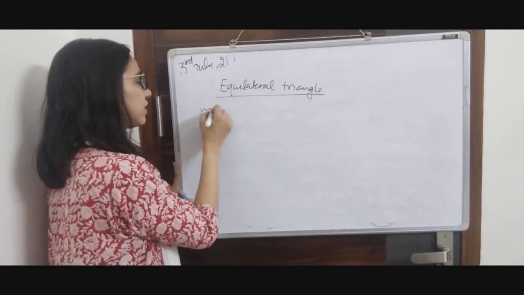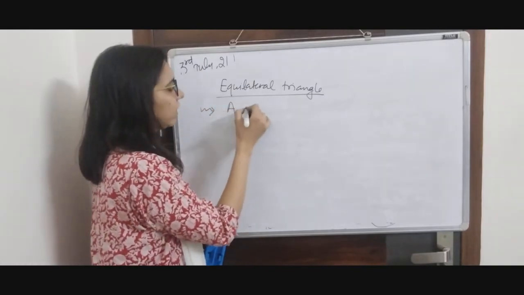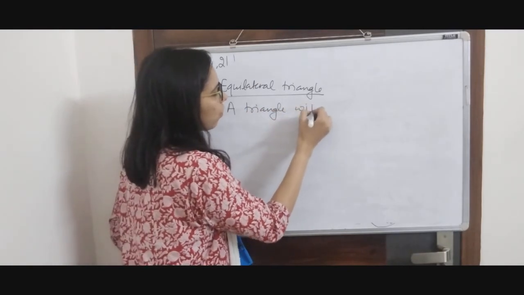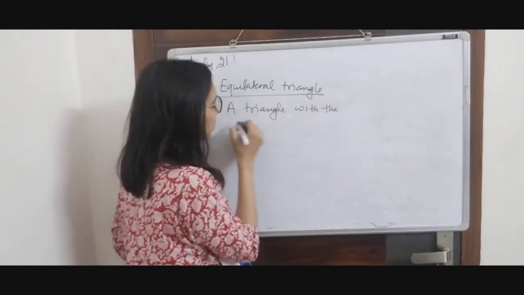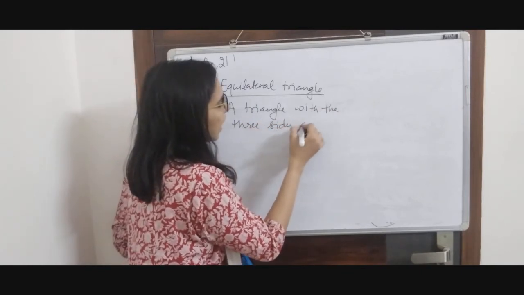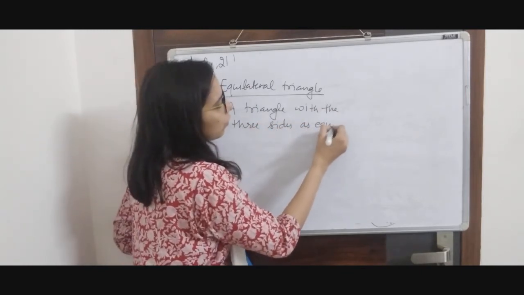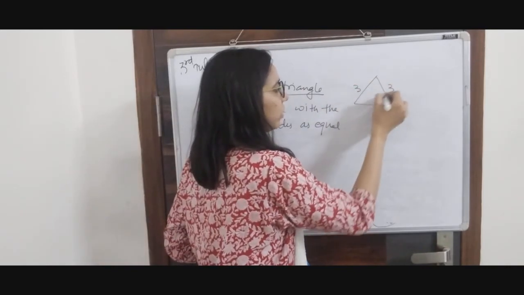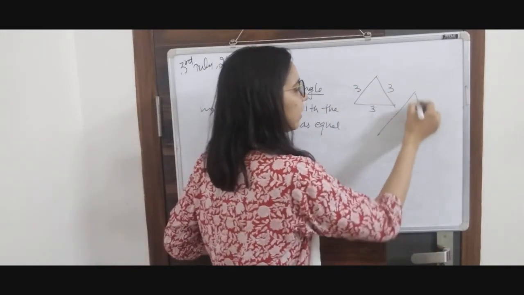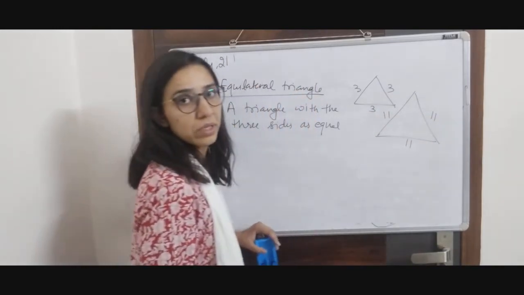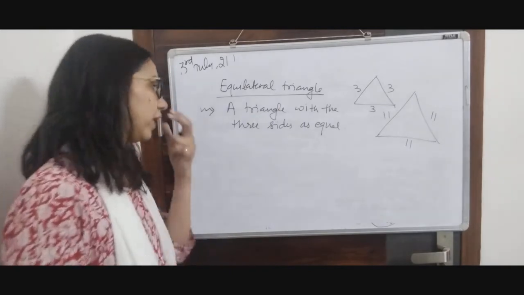First, it is a triangle with all three sides equal. Whatever the length of the sides may be, if they are 3, 3, 3, then it is equilateral. Even if they are 11 centimeter, 11 centimeter, 11 centimeter, then also it is an equilateral triangle.